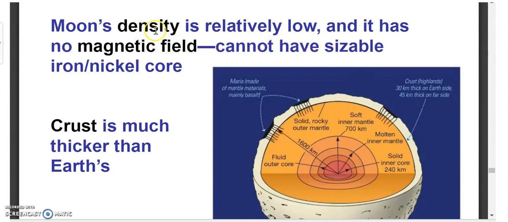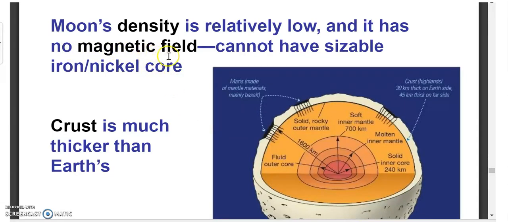it turns out, of course, the Moon has a very low density. And that has to do with what happened to all the iron in the Moon, or the object that actually crashed into the Earth, as we'll talk about.